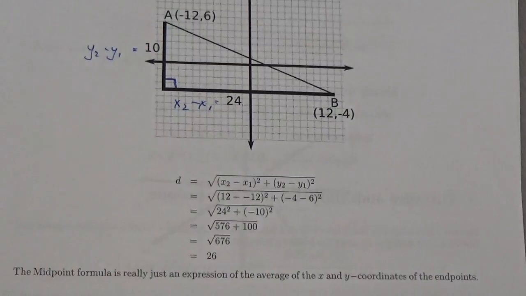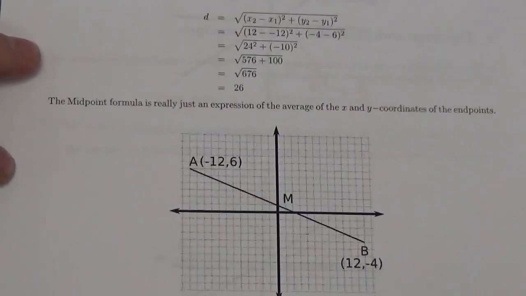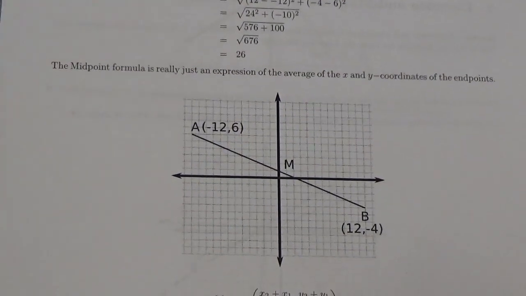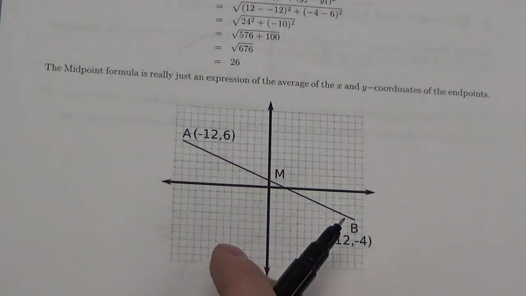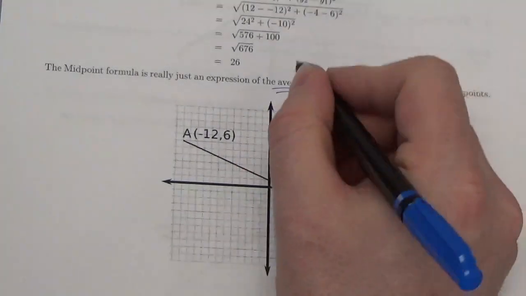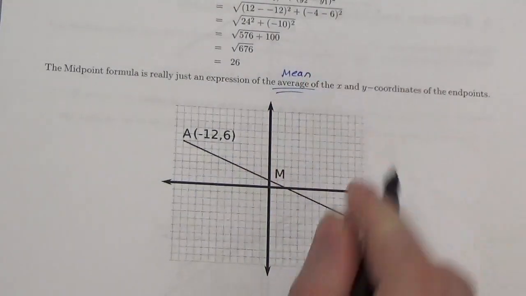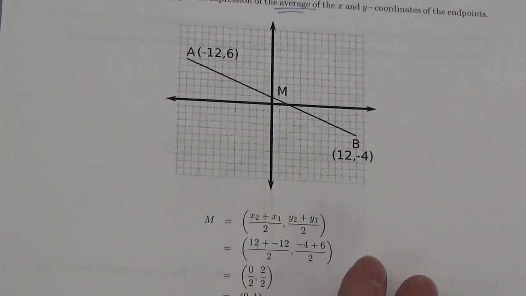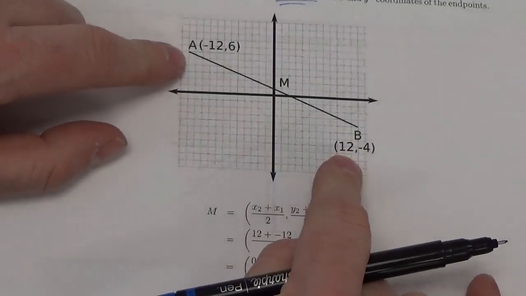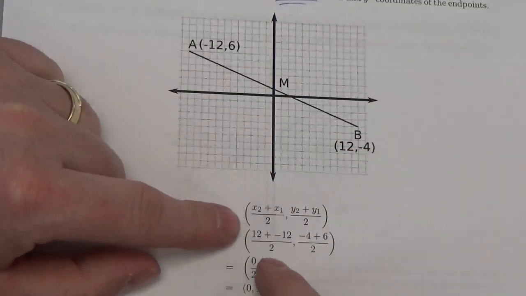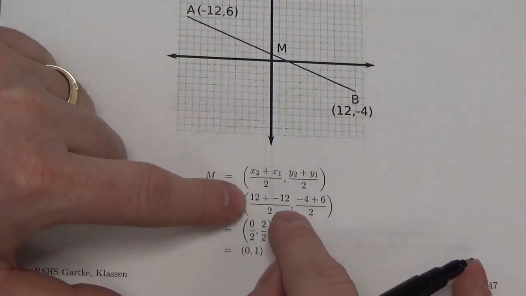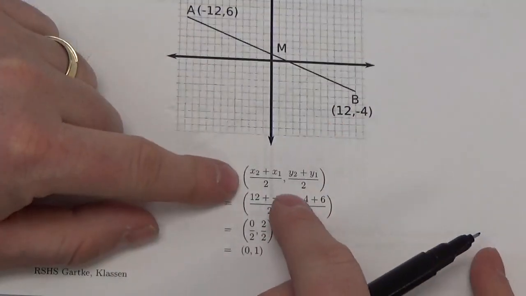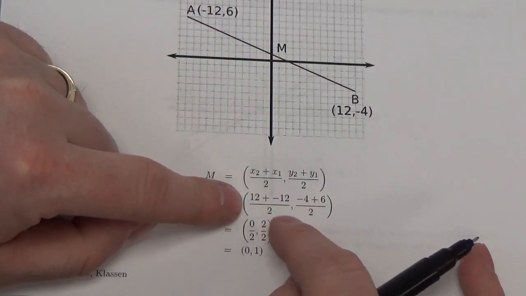We get 26. The midpoint, on the other hand, runs a little bit differently. The midpoint is really the average, or the mean, of the x coordinates, comma the y coordinates. Okay, so here are the endpoints. What we do to figure out the midpoint is take the average of the 2 x coordinates, so 12 plus negative 12 divided by 2.